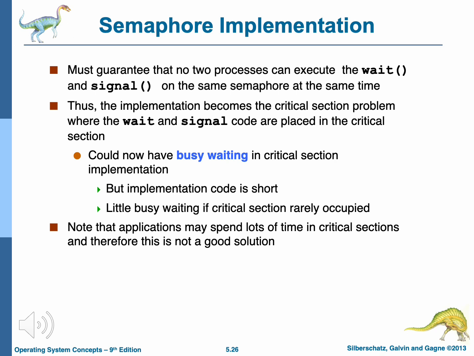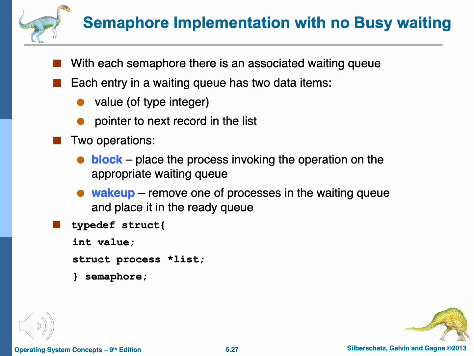Semaphore implementation. Recall that the implementation of mutex locks discussed earlier suffers from busy waiting. The definitions of the wait and signal semaphore operations just described present the same problem. To overcome the need for busy waiting, we can modify the definitions of the wait and signal operations as follows.